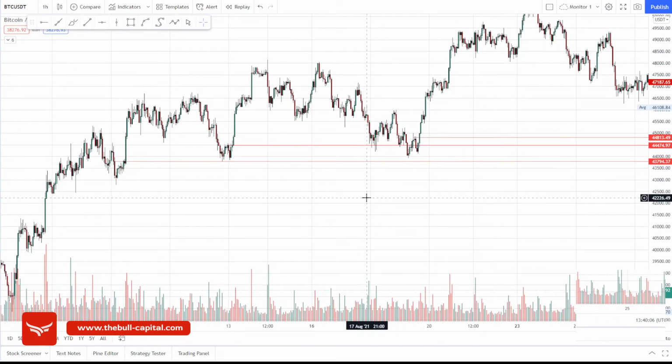So if you mark a level on, let's say, the 1 hour time frame, it's good to trade on that time frame and not bigger, because some of them won't be valid on higher time frames. If you want higher time frames, you go on the higher time frames.